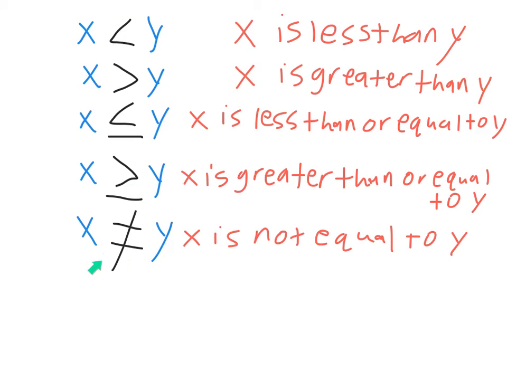This one here, you may not see used too much, is x is not equal to y. So x is some number, and it can be many different numbers, but the one thing it can't be is whatever y is. So if we know y is 2, we know x is not 2. Something else, could be anything, but it can't be 2.